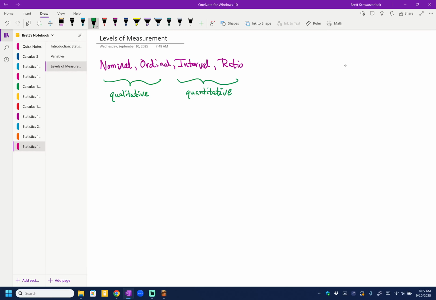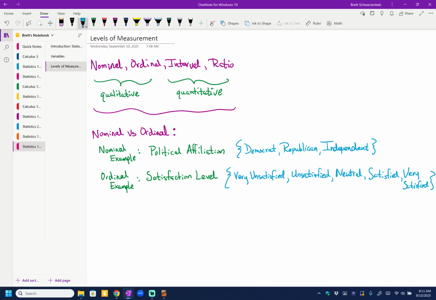So basically, the first thing you want to do when you see a problem that's asking you for the level of measurement is look at whether it's qualitative or quantitative data, because if it's qualitative, then you're limited to nominal or ordinal, and if it's quantitative, you're limited to interval and ratio. Again, this is the first thing you want to do in any data type problem where you're asked for the level of measurement.